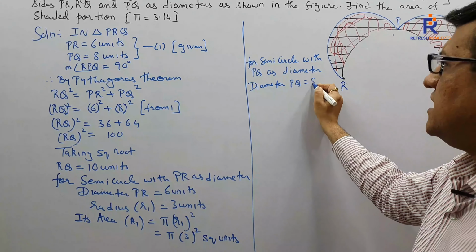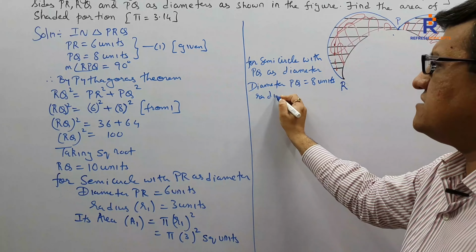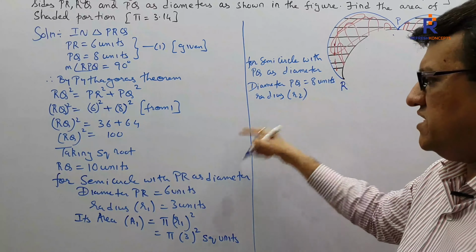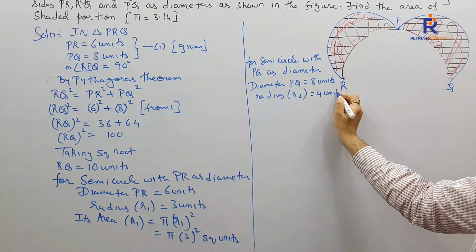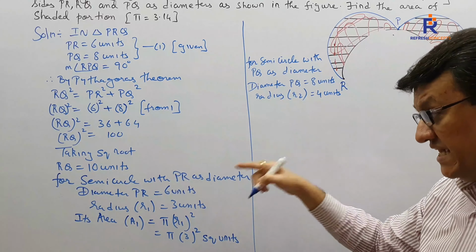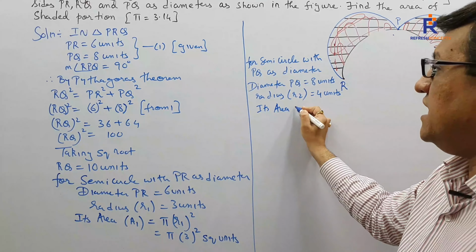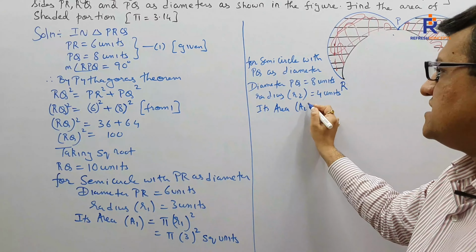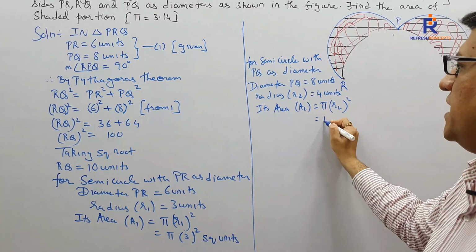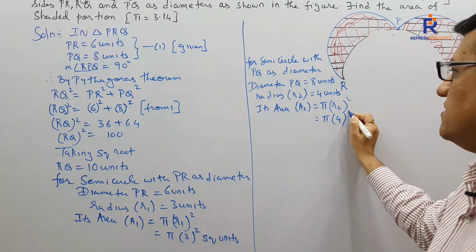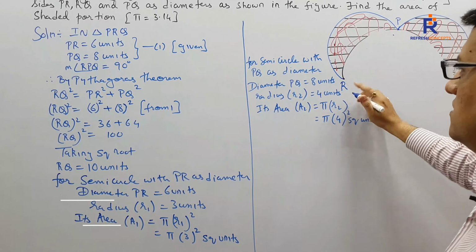How much is it? 8 units. So what is the radius? Radius R2. Here we have taken R1, so we shall take R2, 4 units. Radius is half of diameter. Its area A2 is again pi, this time R2 square, pi 4 square square units.